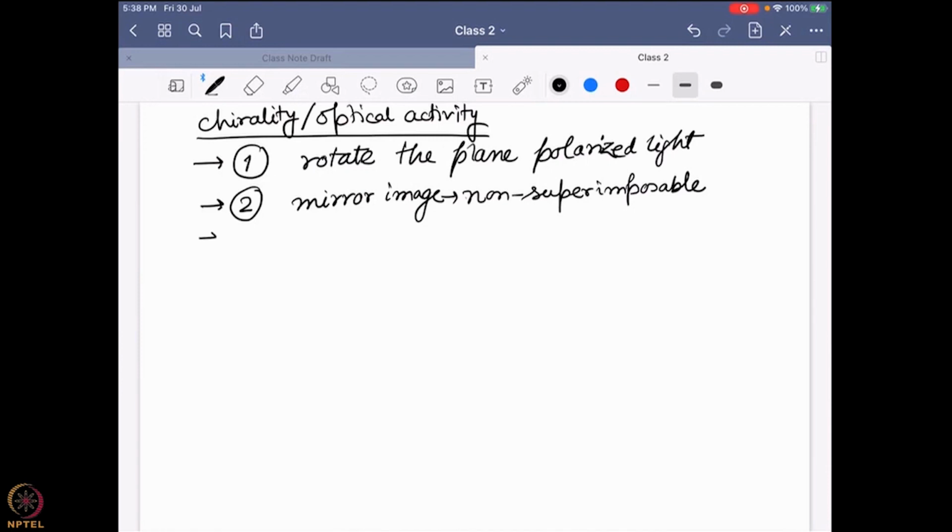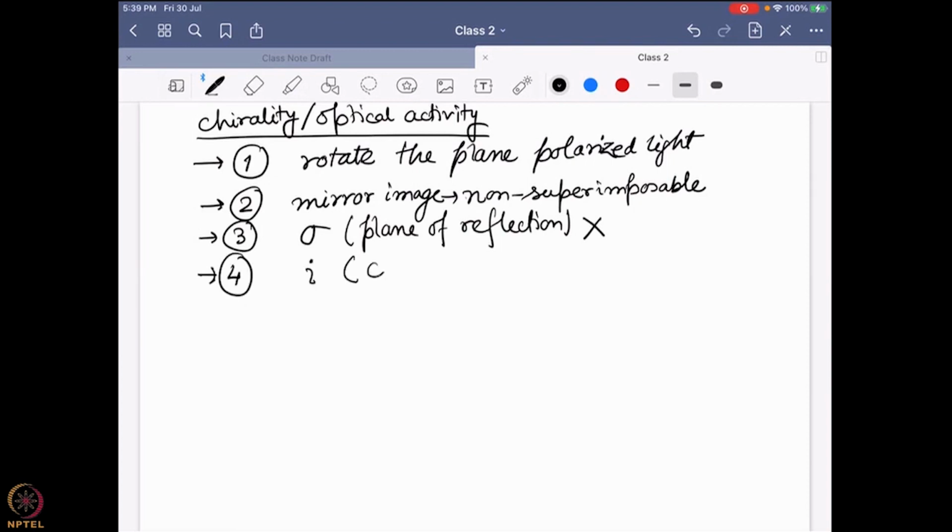The third definition, we have found, is that your molecule cannot have any plane of reflection. It should not have anything. The fourth definition was that your molecule should not have a center of symmetry.